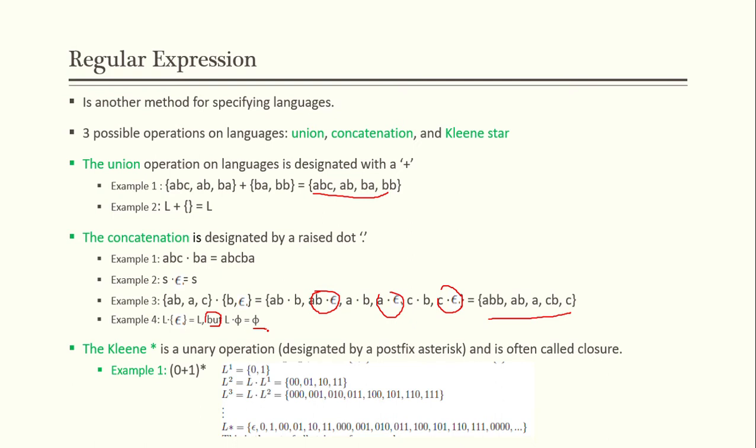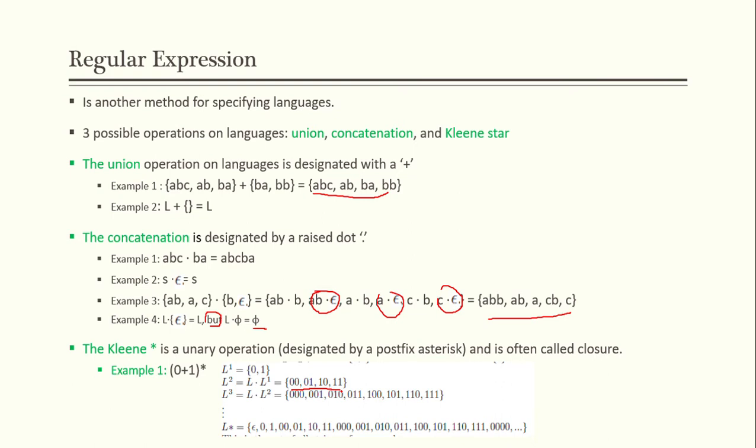So what does this star mean? Star means the occurrence of that input symbol 0 or more times. In this case, let's say the star is n, and n could be 0, 1, or 2. Let's say n is 1, then the output you get is 0, 1. If n is 2, then L squared gives 0 0, 0 1, 1 0, 1 1.